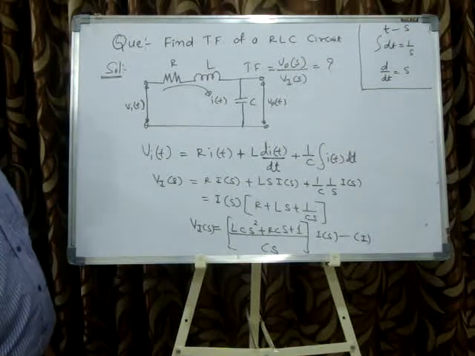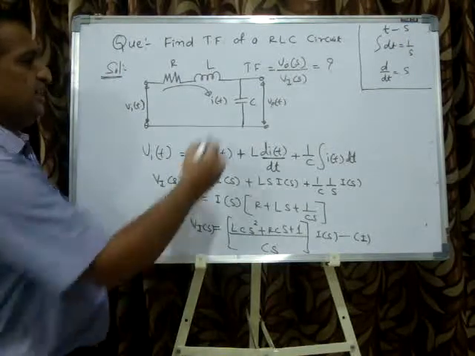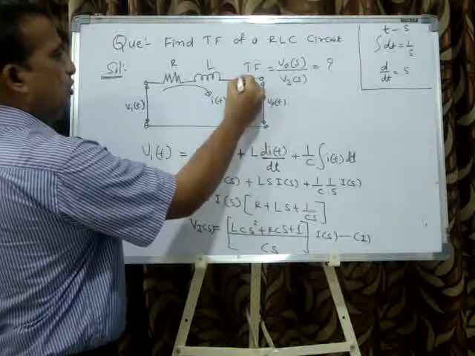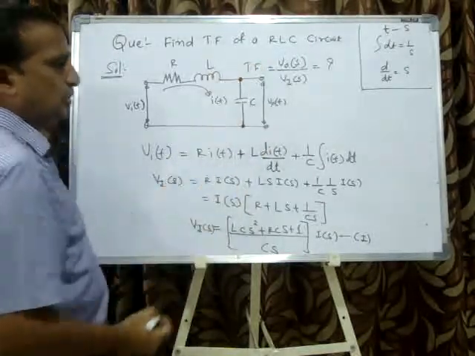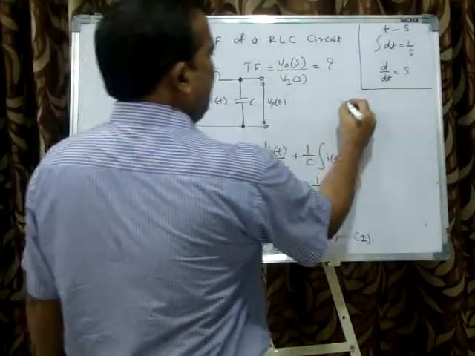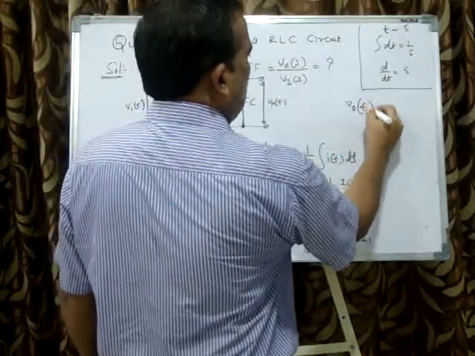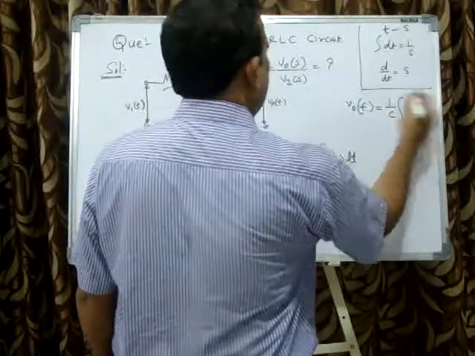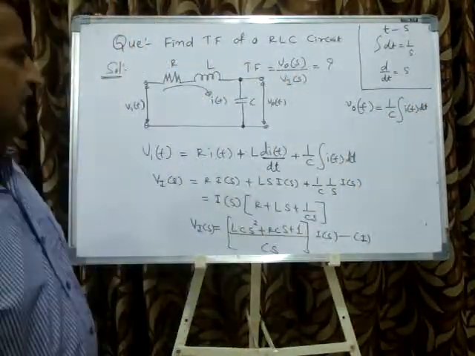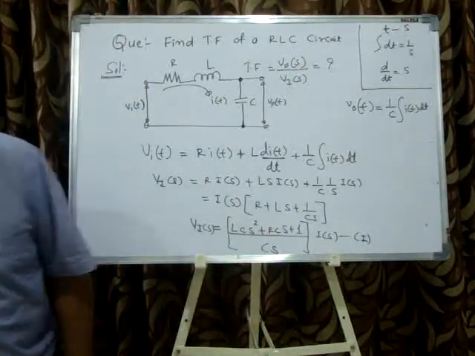You know that in the RC circuit I have also done the same thing. The output voltage is nothing but the voltage across the capacitor. So one more equation I can write: output voltage is equal to voltage across capacitor, because here the capacitor is there. Now I will take the Laplace transformation.